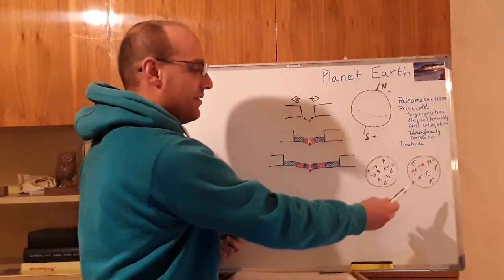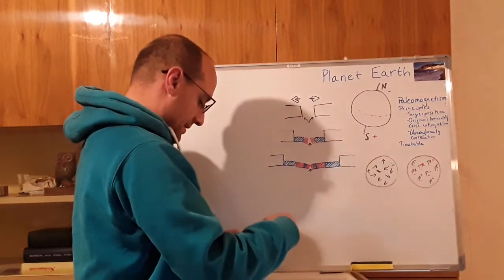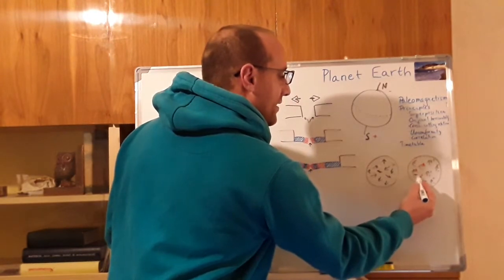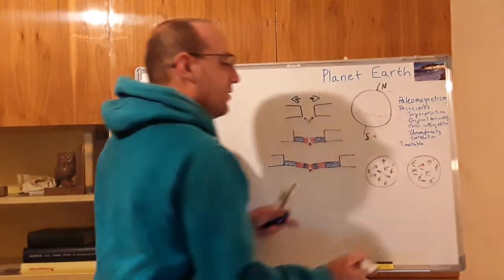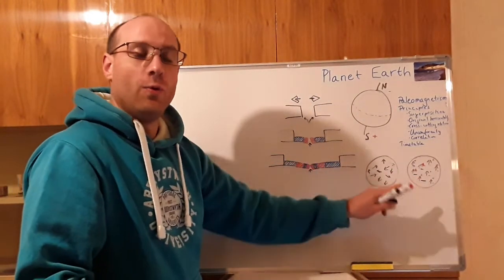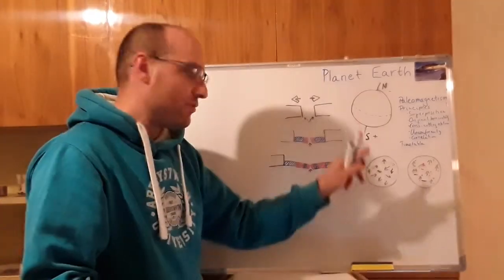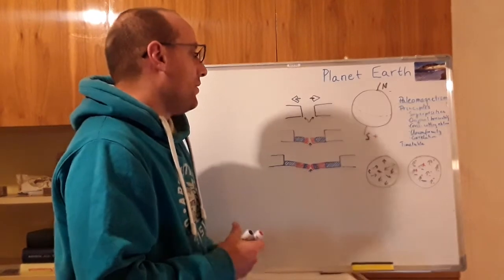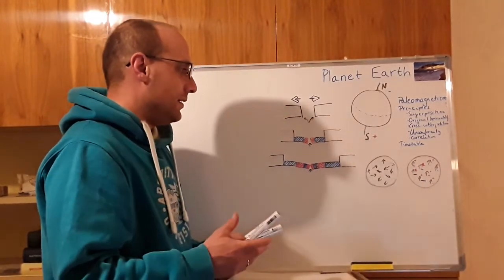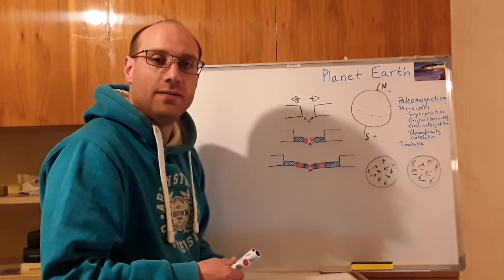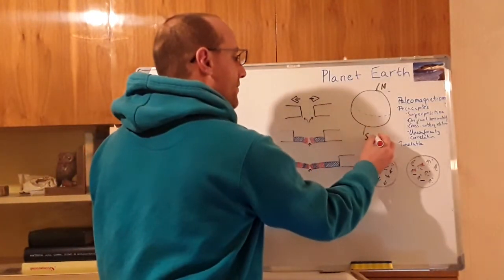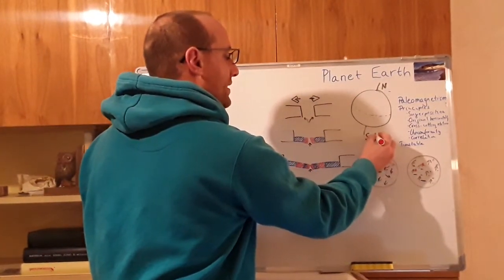That's why we have here arrows and why we have here negative and positive symbols. So all the bits of the rock will be pointing in the same direction at the point of solidification or crystallization.